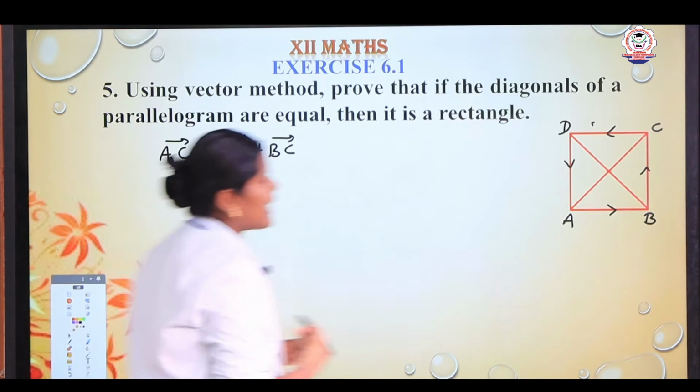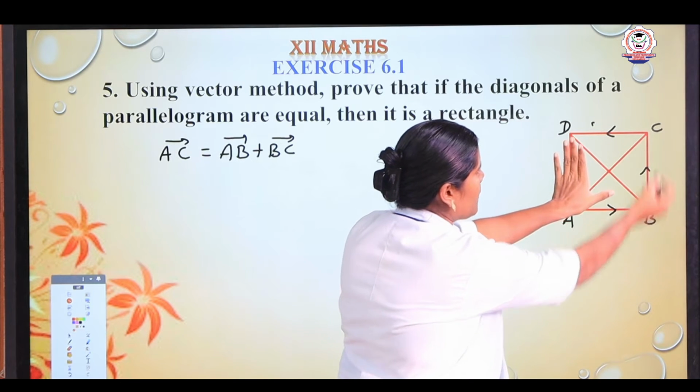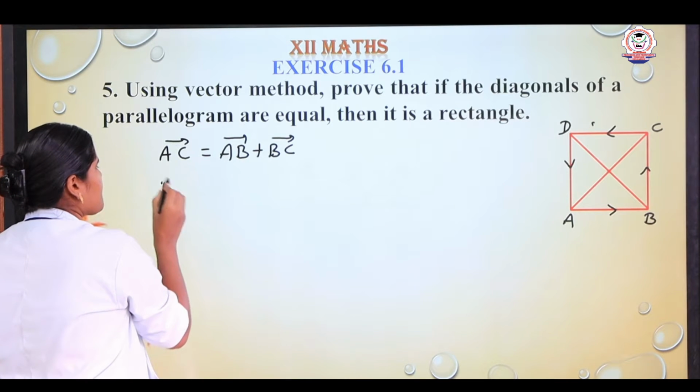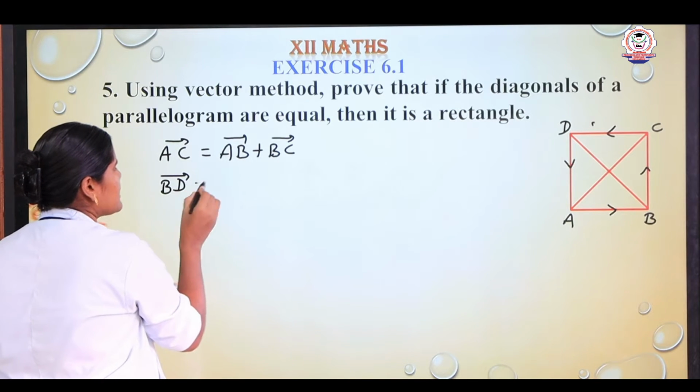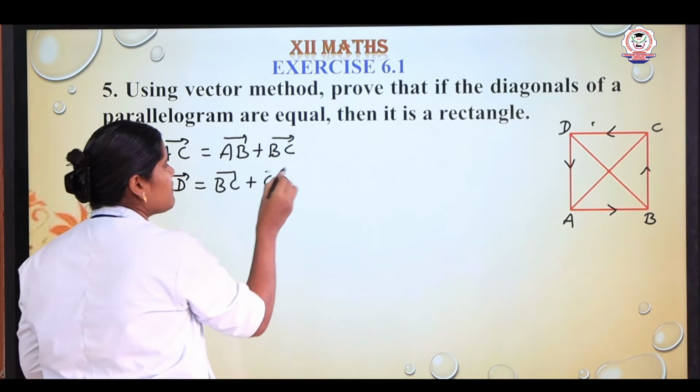And for the second diagonal, BD is equal to BC plus CD. So BD vector is equal to BC vector plus CD vector.